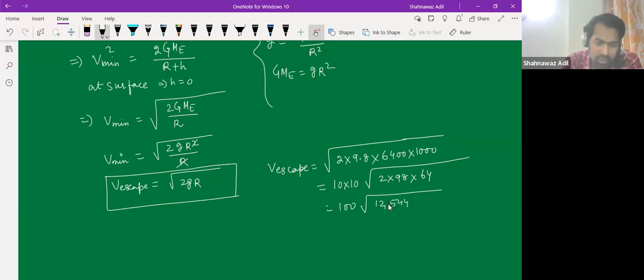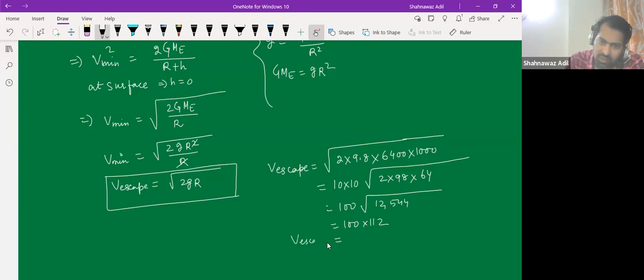I'm just showing you guys with how much velocity we should throw an object so that it never returns, right? Yes, sir. This is 112. With this much velocity we have to throw the object so that it never returns.